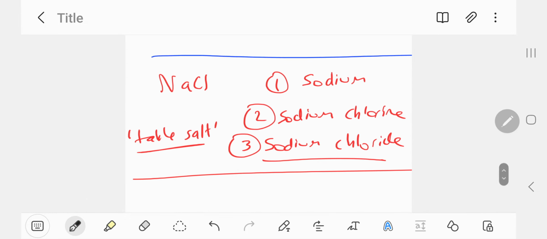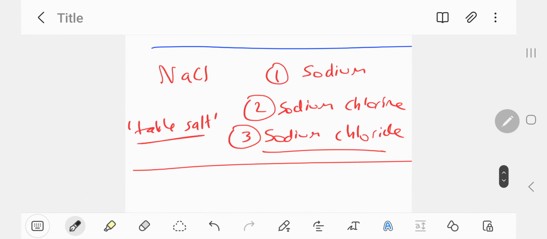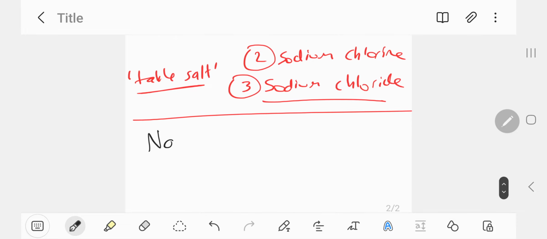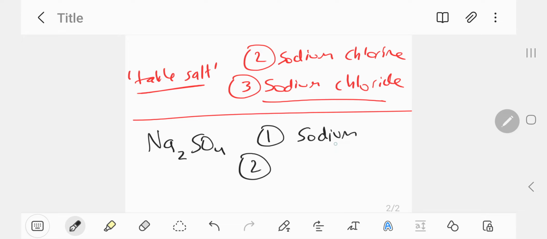Let's do another example. This time I'll throw in a polyatomic ion. Let's do Na2SO4. Step 1, write down the name of the metal element, which is sodium. Remember, there's no prefixes here. Number 2, write down the name of the non-metal element, which in this case is SO4.